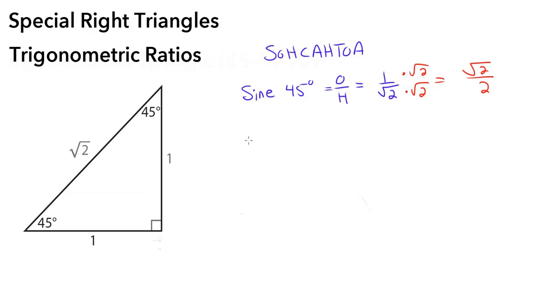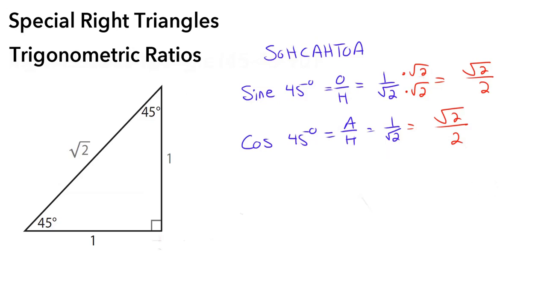Now, what's the cosine? Well, the cosine is going to be the same exact thing, because even though it's adjacent over hypotenuse, both legs are 1. So you end up with 1 over radical 2. And when you multiply both parts of the fraction by radical 2, you end up again with radical 2 over 2.